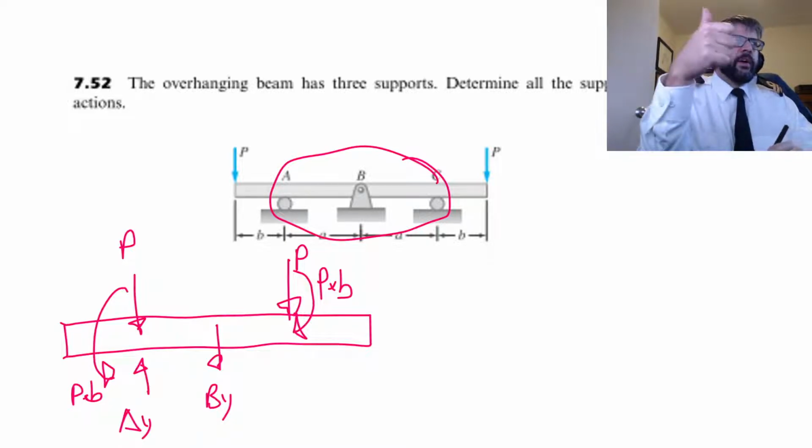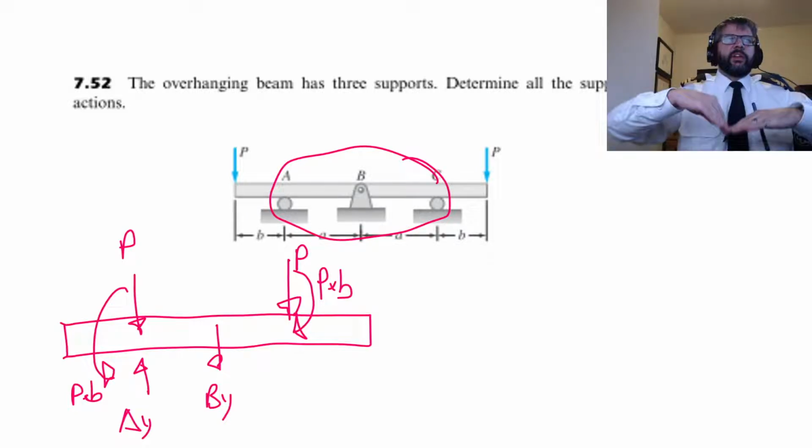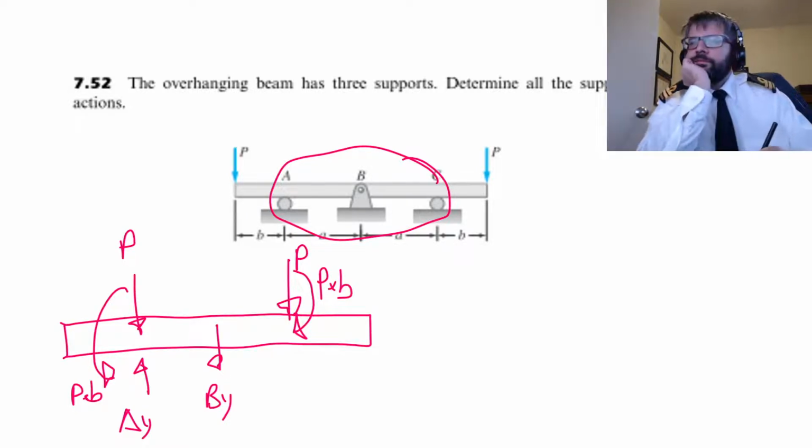And we know that B_y is going to be pulling down, because otherwise this thing's going to have a tendency to want to flip up in the middle. And then we'll have a C_y.